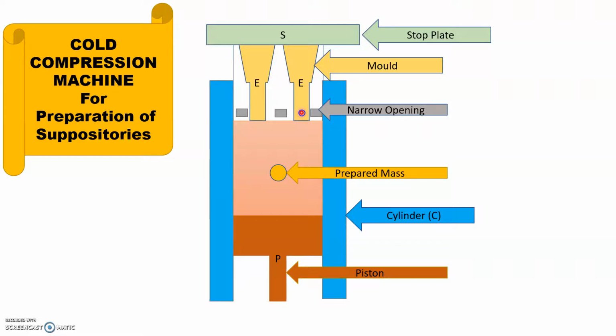In the mold, the mass gets the desired shape of suppositories. After removing the stop plate and further application of pressure by the piston, the suppositories are ejected.